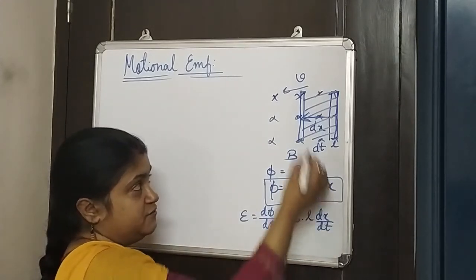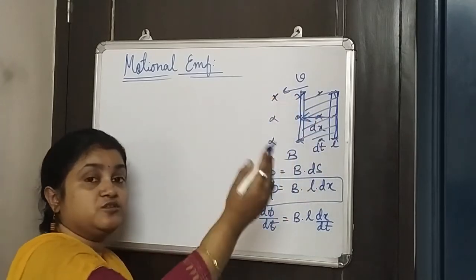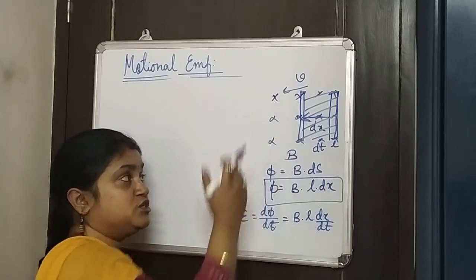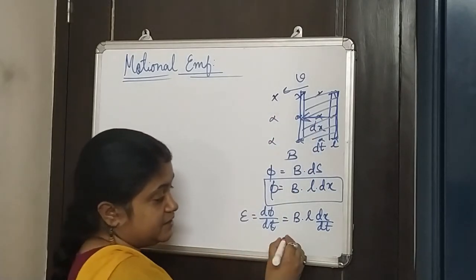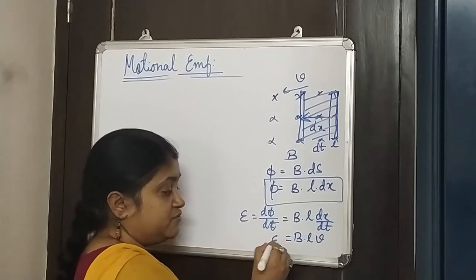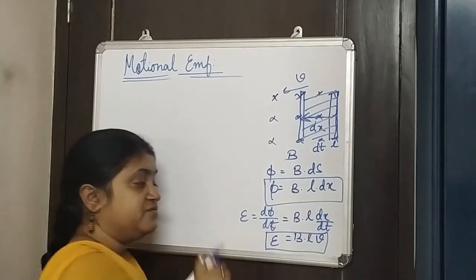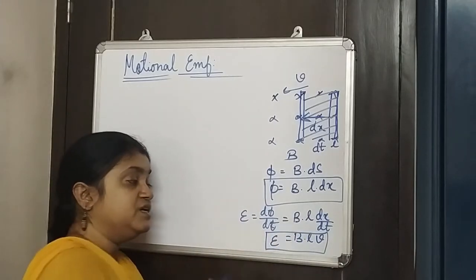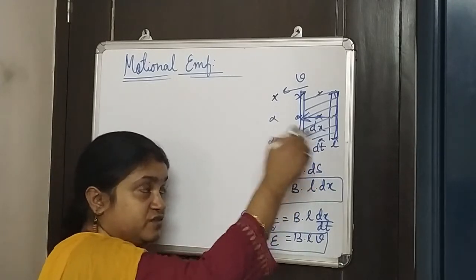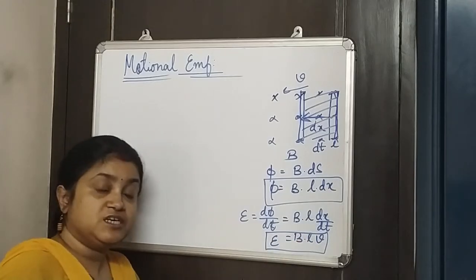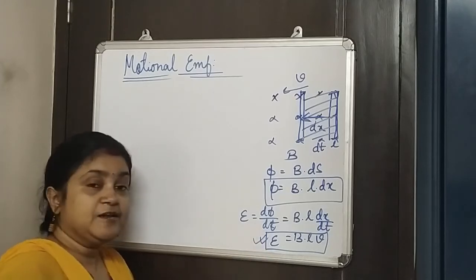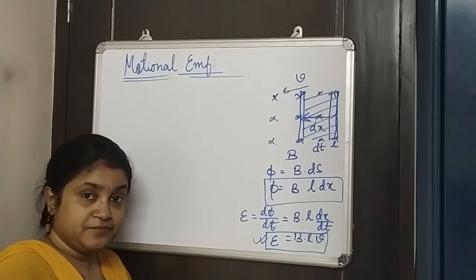If the velocity with which the rod is moving is v, then dx by dt is nothing but v. Therefore the EMF is equal to B into L into v, where B is the magnetic field, L is the length of the rod, and v is the velocity of the motion. So this is the calculation of motional EMF.